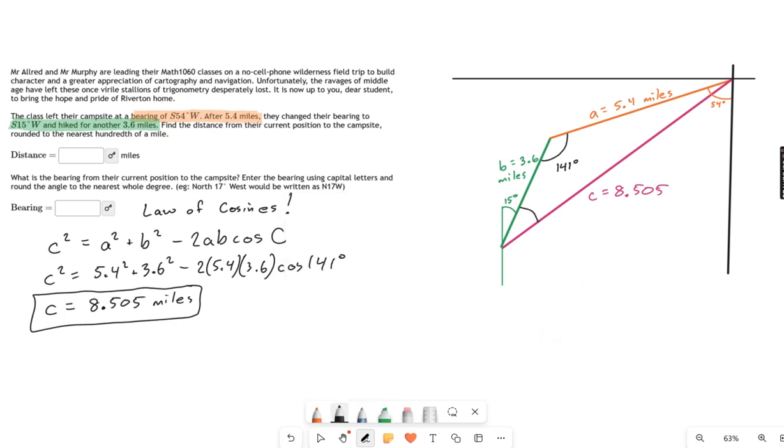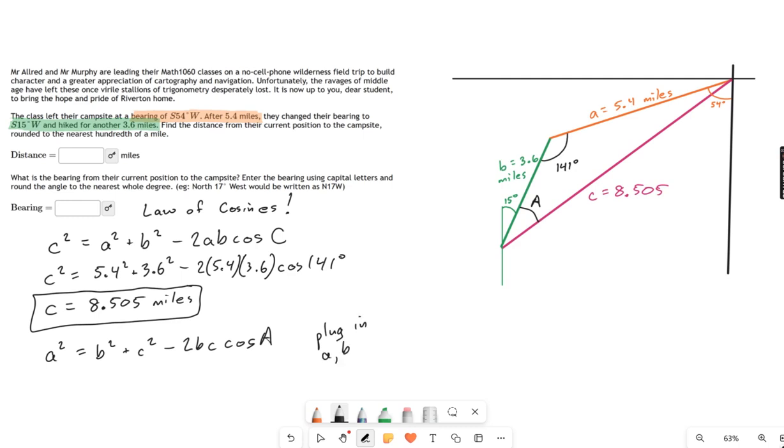And we need a new law of cosines equation, which I'm going to set up as my angle A right here. So that's going to be a squared equals b squared plus c squared minus 2bc cosine A. I know what A, B, and C are, the little a, b, and c's anyway. So I'm going to have you do this on your own.